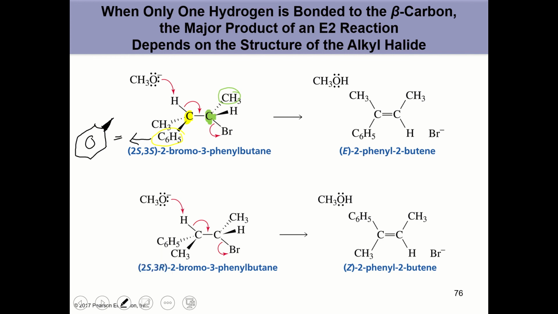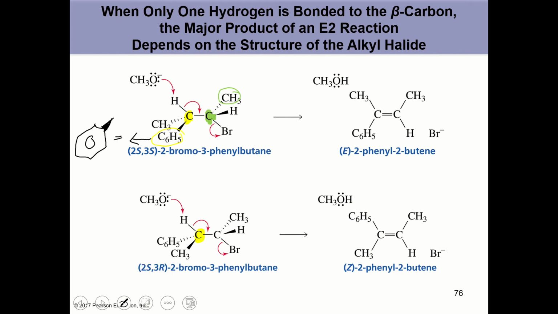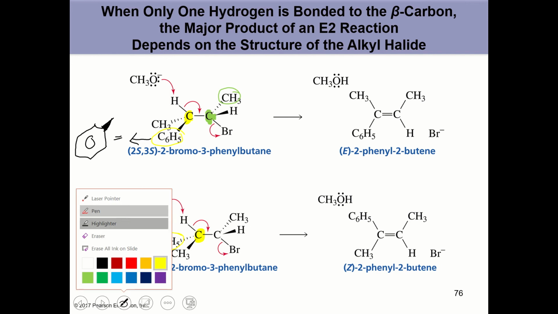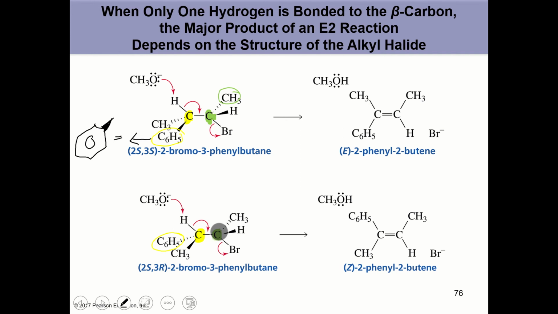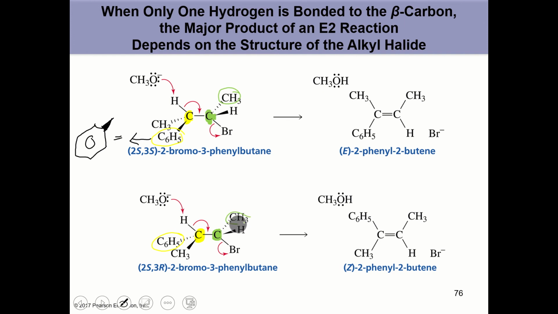Let's evaluate. Our carbon on the left has our largest group, the benzene ring, on a hatched wedge, and the carbon at the right has the largest group, the methyl group, on a hatched wedge.